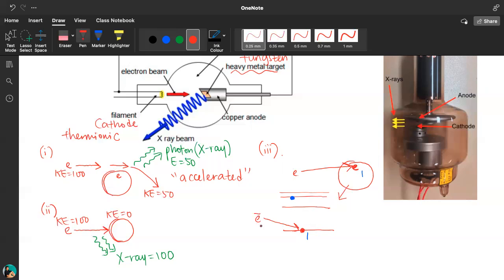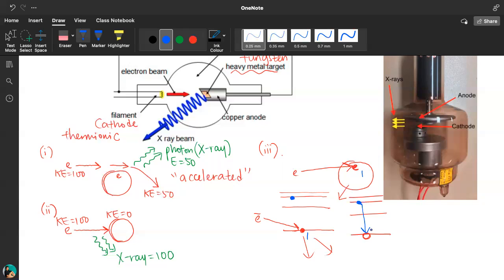That means this accelerated electron, when it hit this low energy electron, they both will leave the atom. Okay, they both leave the atom. So what happened is that now you have created an empty space inside here. And whenever there's empty space, the higher energy electron will come down, because they always want to be stable, right?